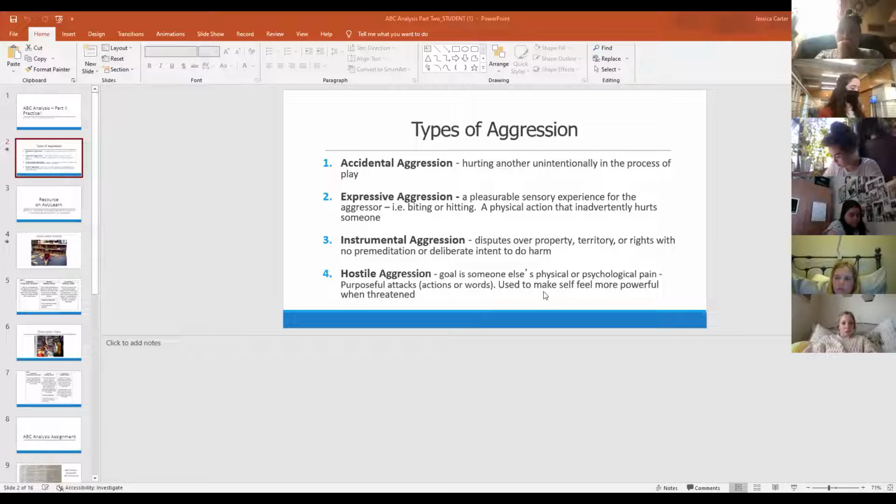Whereas with hostile aggression, the actual goal is just to inflict physical or psychological pain. It's used to make another child feel more powerful, but it's got a different motivation behind it. The term we would use for this is bullying. And so it is deliberate actions intended to hurt another person.